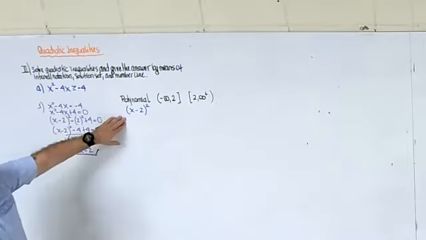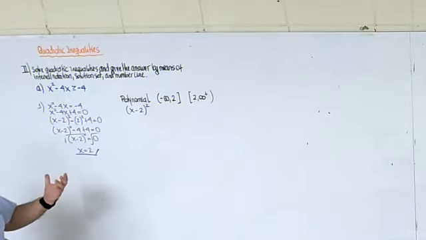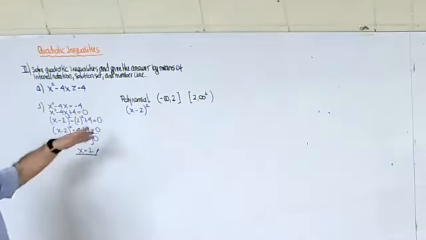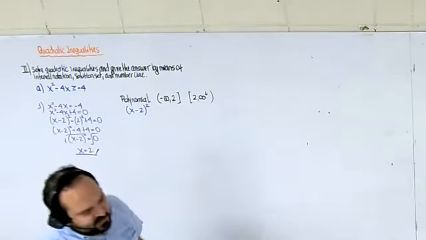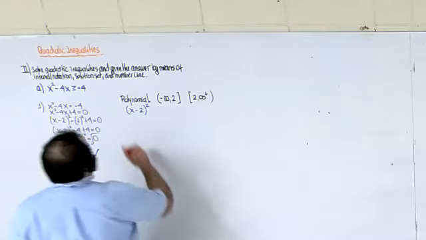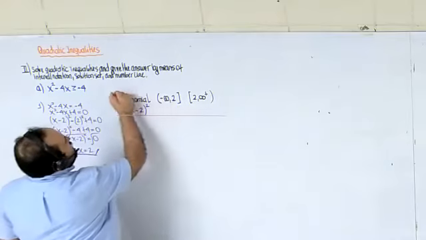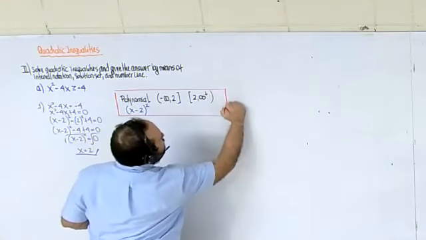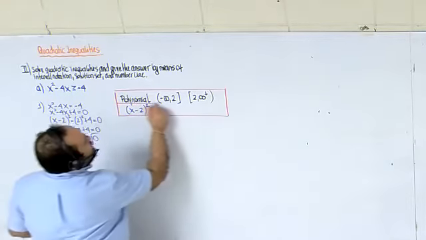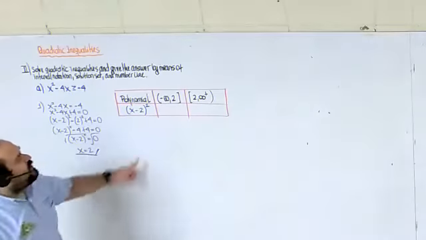If you want to write the expression, you can do it also, but in this case it won't be necessary because we have one singular term. That solution will be enough to determine the solution of the inequality. So we have the polynomial and we have the intervals.